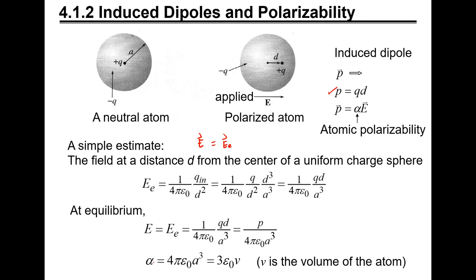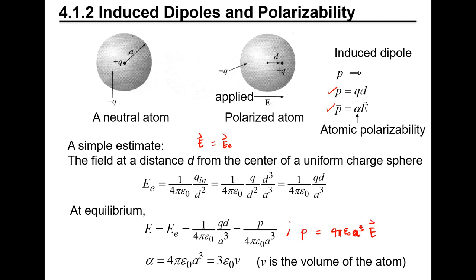Alright. Take note that we also have this equation: p is equal to alpha, the atomic polarizability, multiplied by E. We have obtained our E, and it is related to p. So we can write p is equal to 4 pi epsilon naught a cubed multiplied by the external electric field.